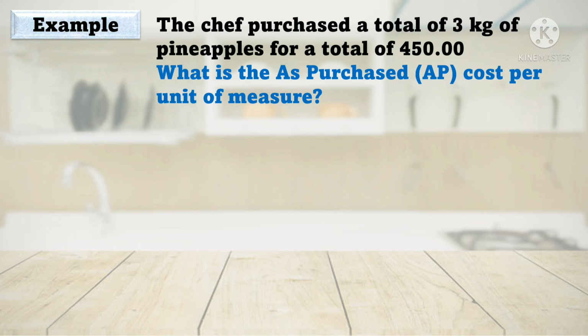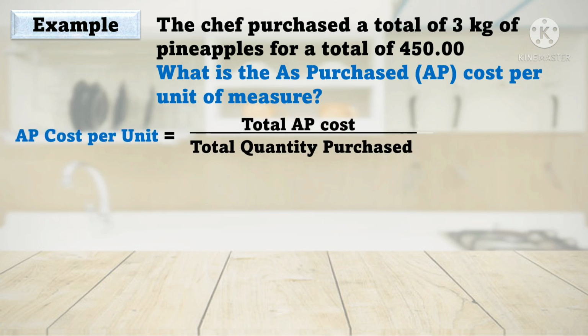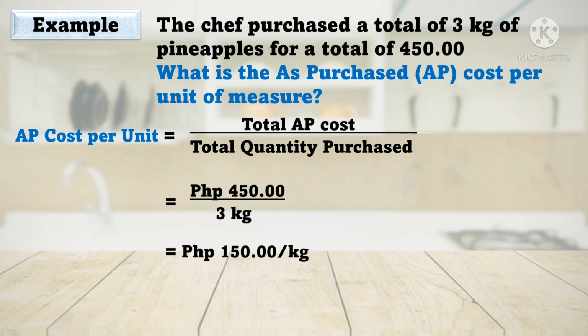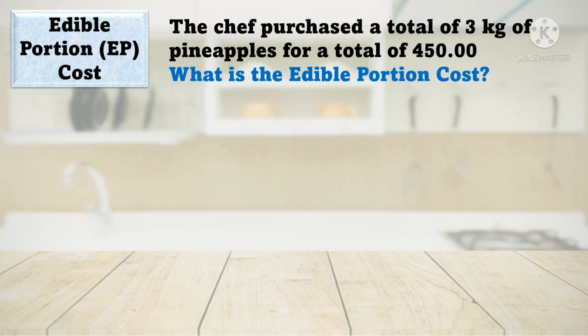What is the as purchased or AP cost per unit of measure? Here is the formula. Total AP cost divided by total quantity purchased. In getting the edible portion cost, follow this formula.